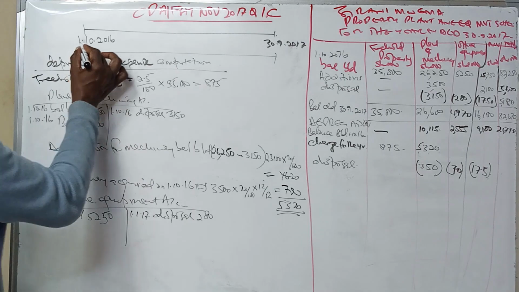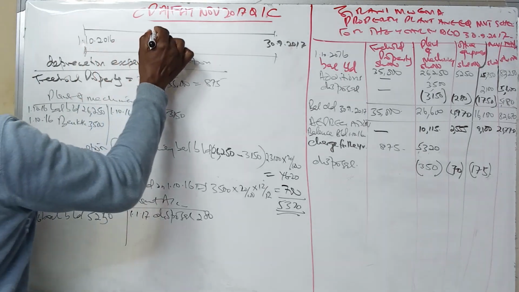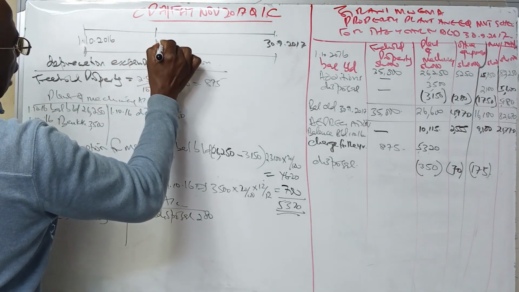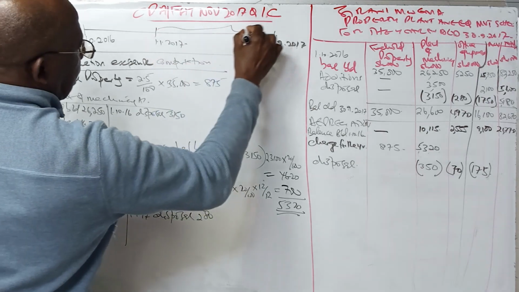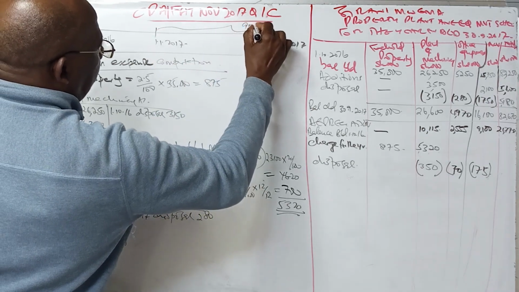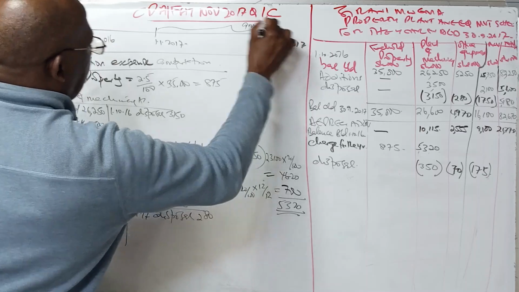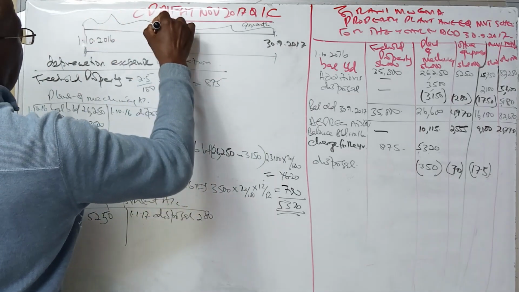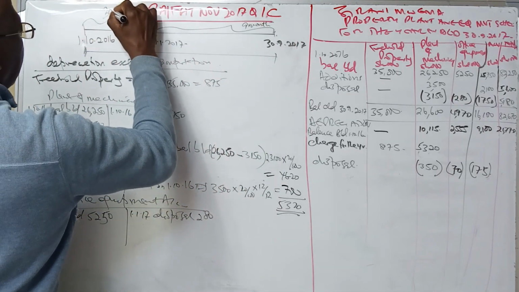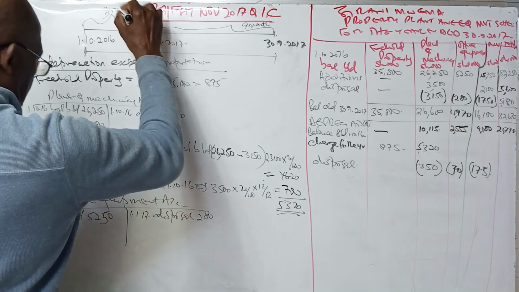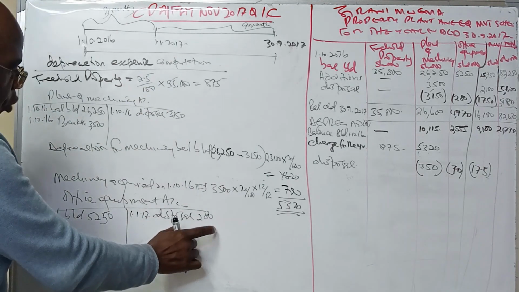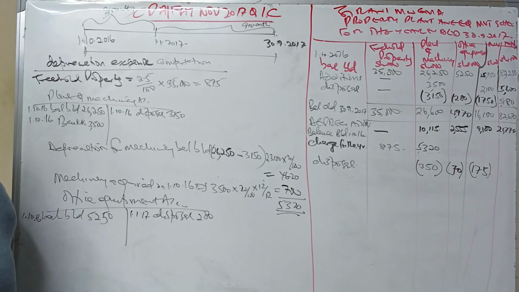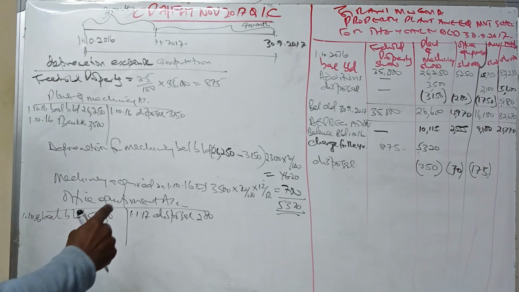That tells you this is 1st of October 2016 and 1st of January 2017. So these are 9 months, and therefore, these are 3 months. So we only used this equipment for 3 months.